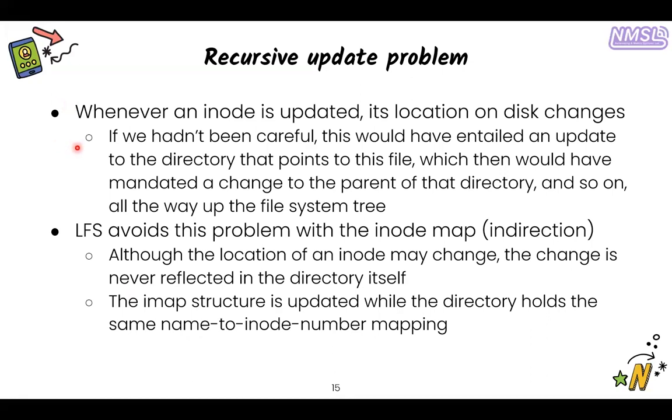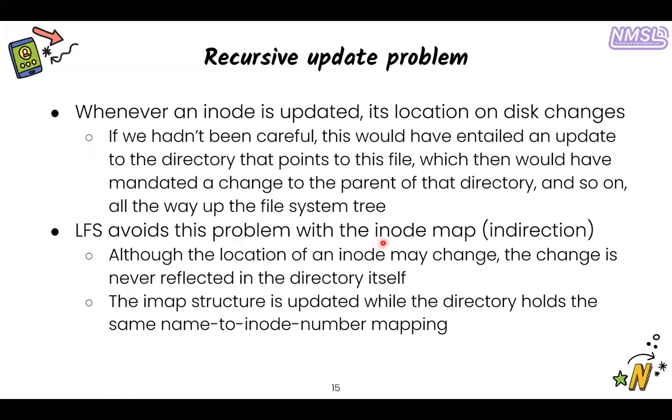If we hadn't been careful, this would have entailed an update of the directory that points to this file, which would then have mandated a change to the parent of that directory, and so on all the way up to the root of the file system. The change would just keep going. It's recursive, and that's too many updates.